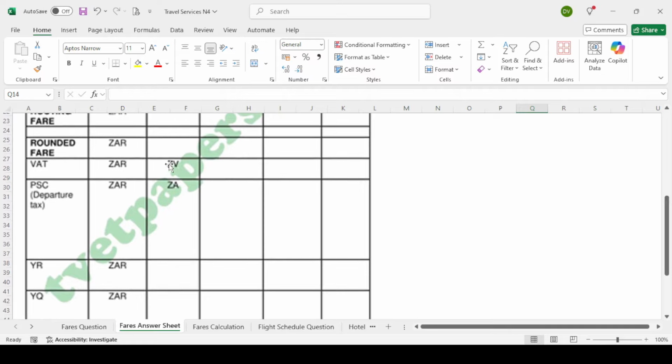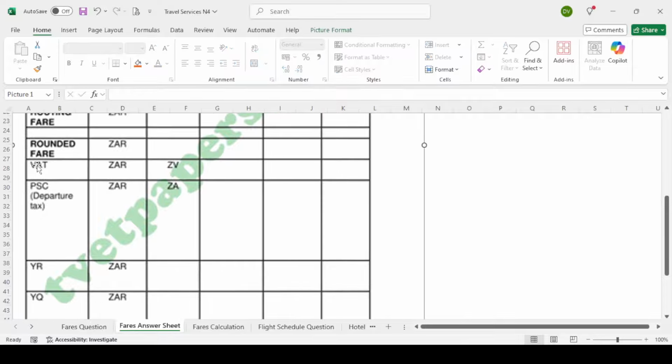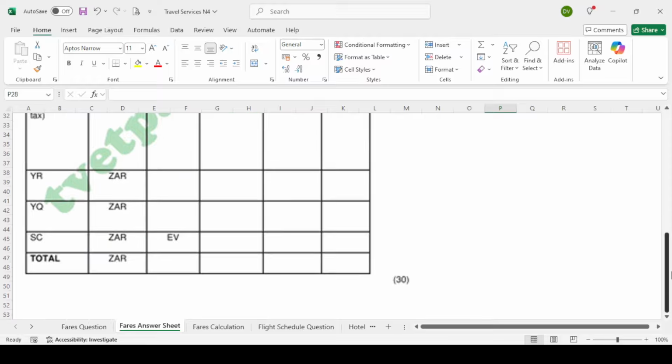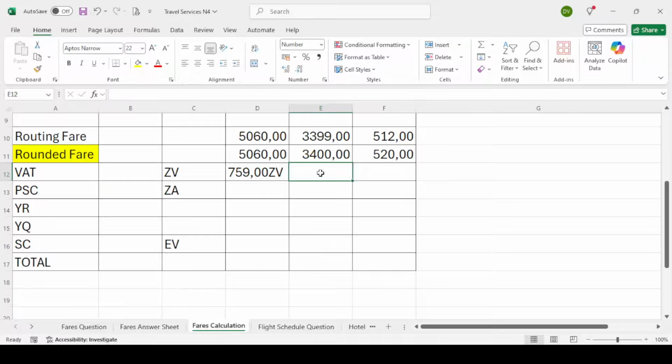Look, with VAT, sorry guys, I can't highlight it, but with your VAT, they show you the ZV. With PSC, they show you the ZA. And with your SC tax, they show you the code, which is EV. They don't have to show it. You have to know where to find the codes. It's on your ticket taxes page of your fares handout. I'll show you where it is. But it's important that you remember to fill it in.